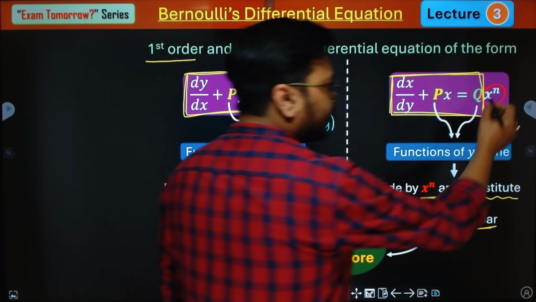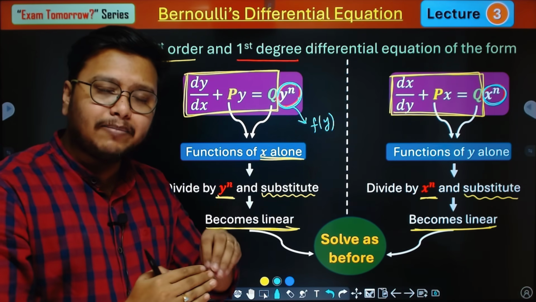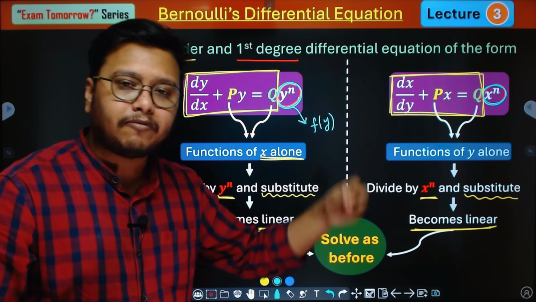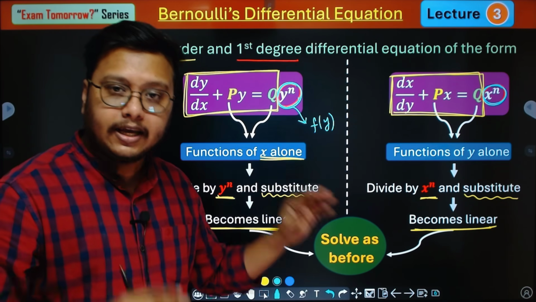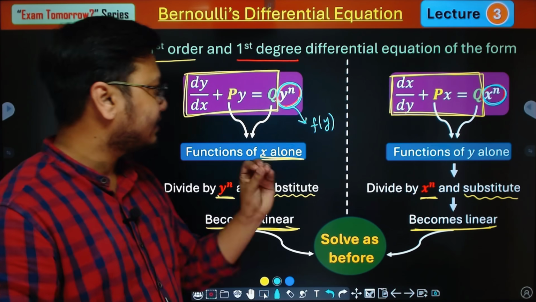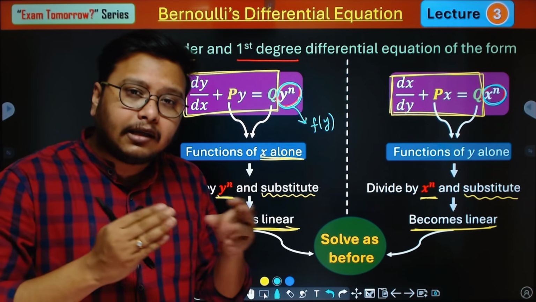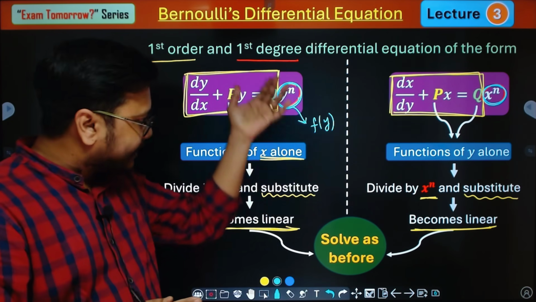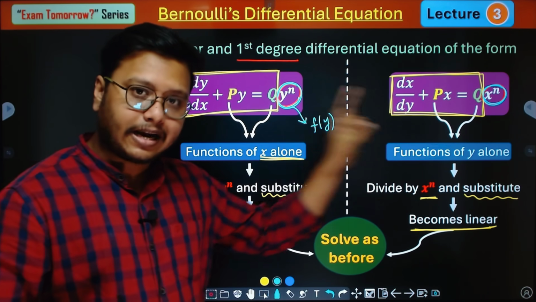Similarly, this term need not always be x to the power something. It can be some non-linear term of x also. Then also this entire process is going to work. It's not fixed that it has to be a higher power of y or of x. It can be some other non-linear term also, and the same process will work. We will do that kind of sum right at the end.